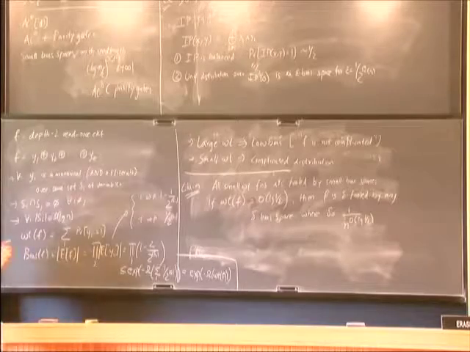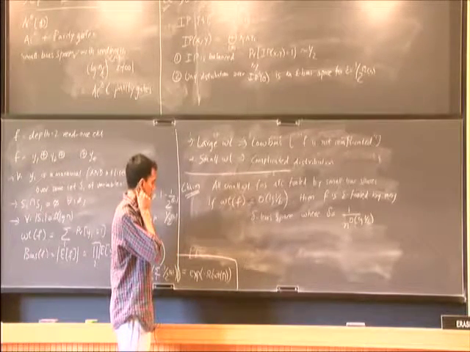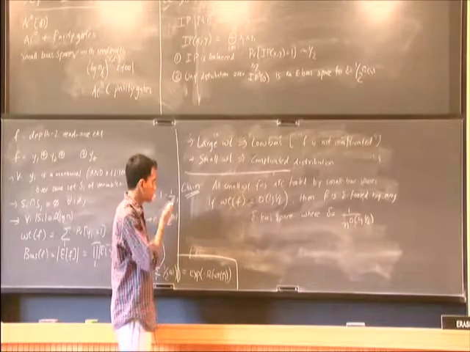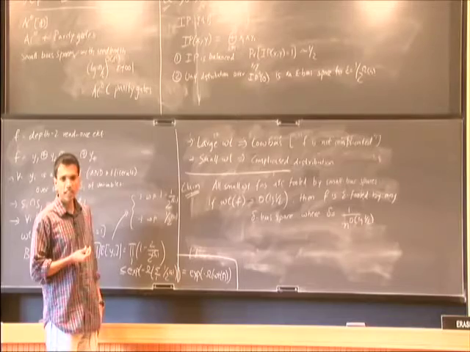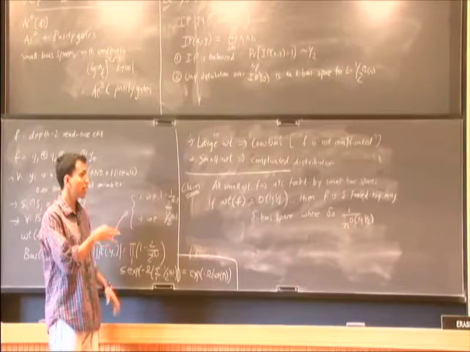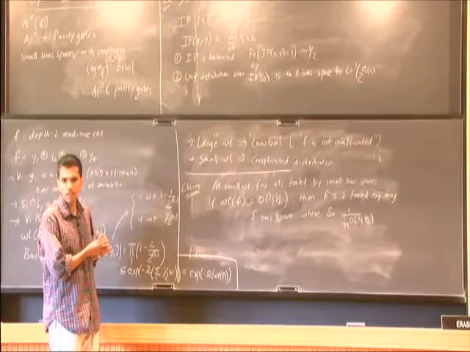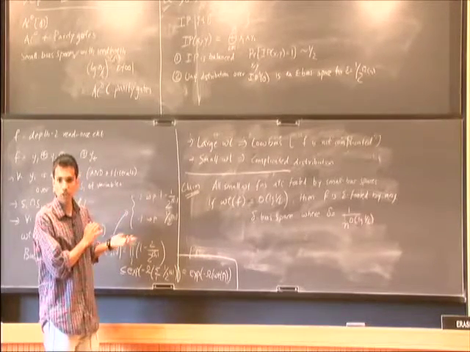So let me give some intuition for why this is true. As Ankur was saying, why would you expect a statement like this to be true? Well, let's consider an extreme case. In this claim, we are considering the case when the weight is allowed to be as large as log 1 over epsilon. But let's instead consider the case when the weight is really, really small, much smaller than 1.